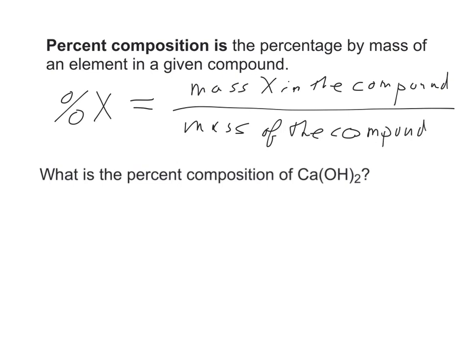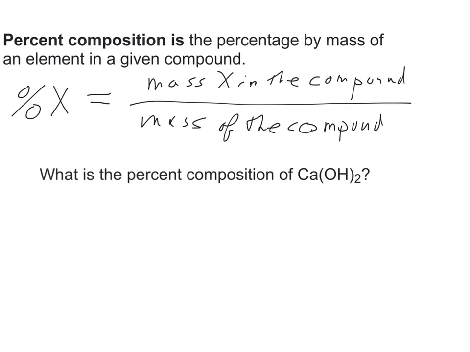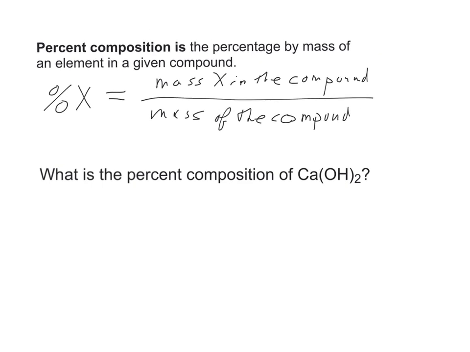And because it's a percentage, what do we always multiply by for a percentage? We always multiply by 100. So the percentage of element X in a compound is the mass of X in the compound divided by the mass of the compound times 100. In other words, part over whole times 100, just like algebra class.